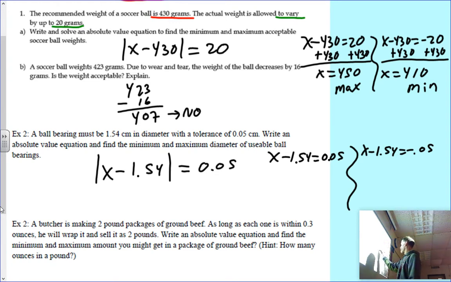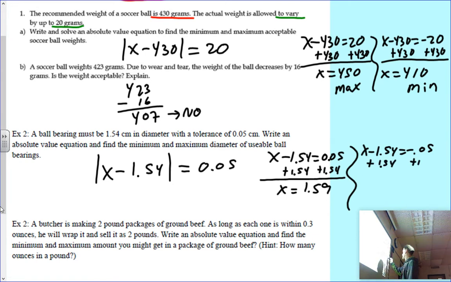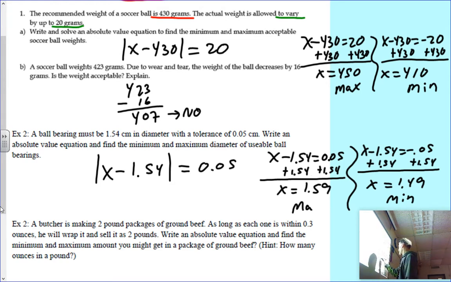Then we add the 1.54. So we have x equals 1.59, and x equals 1.43. Again, this is your minimum value and your maximum value. Anything in between there is going to be okay.